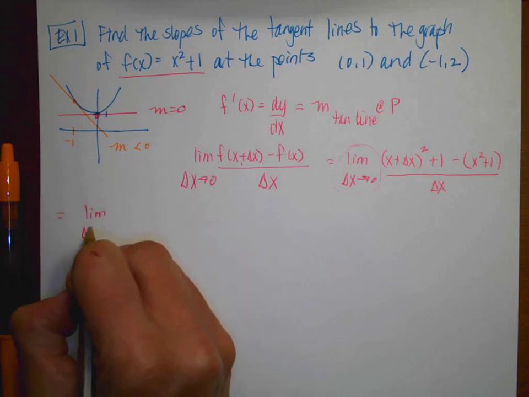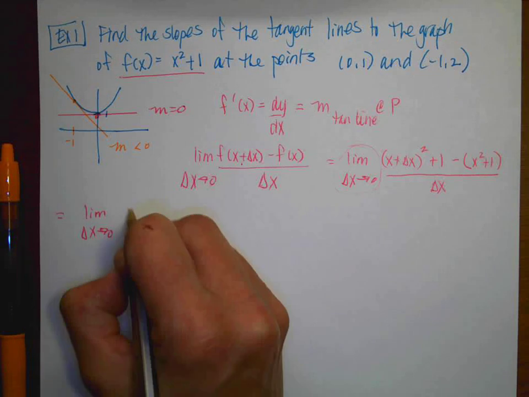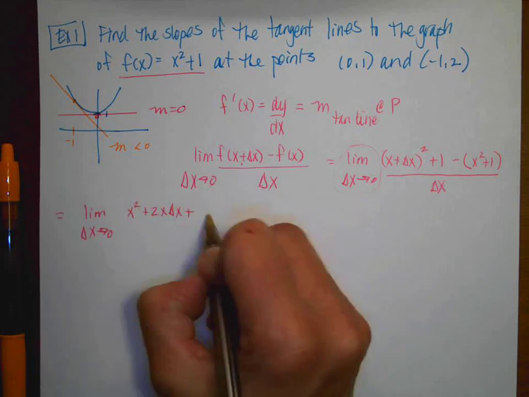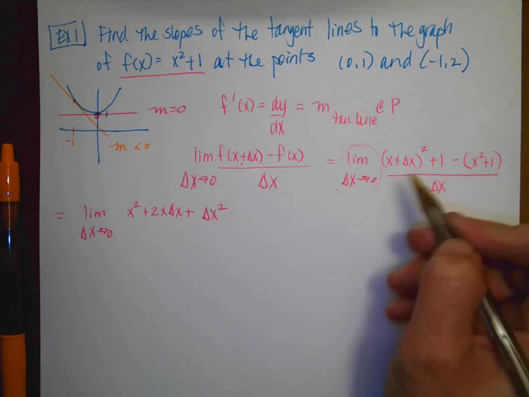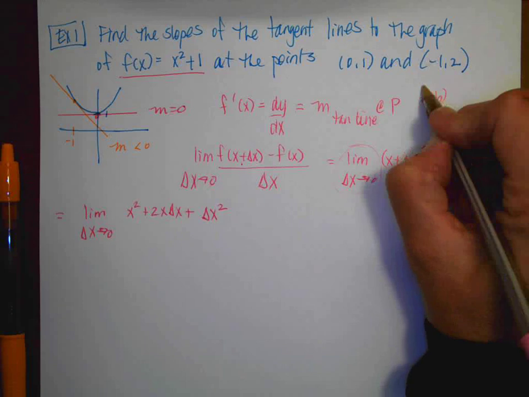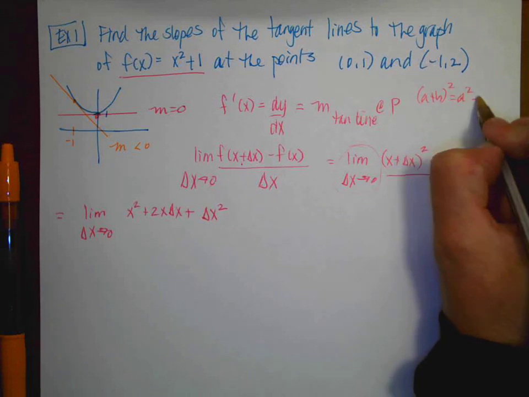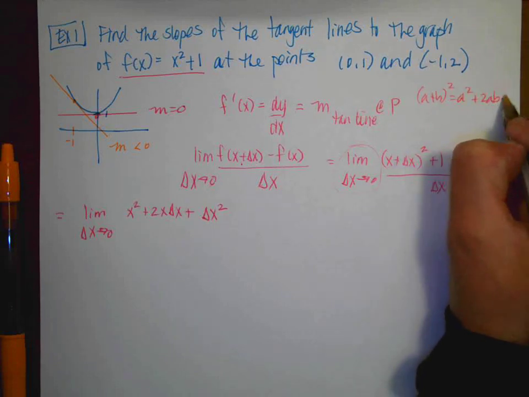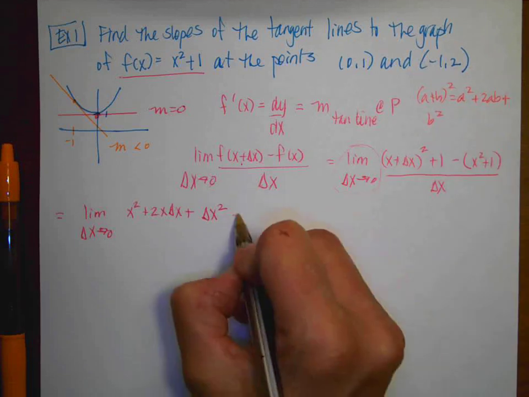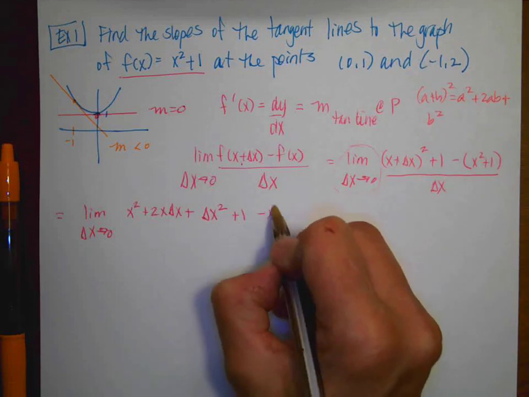So this is the limit as delta x goes to 0 of x squared plus 2x delta x plus delta x squared. All I did was expand the binomial, so a plus b quantity squared, square the first term, double the product, square the last term. And then here's the plus 1.